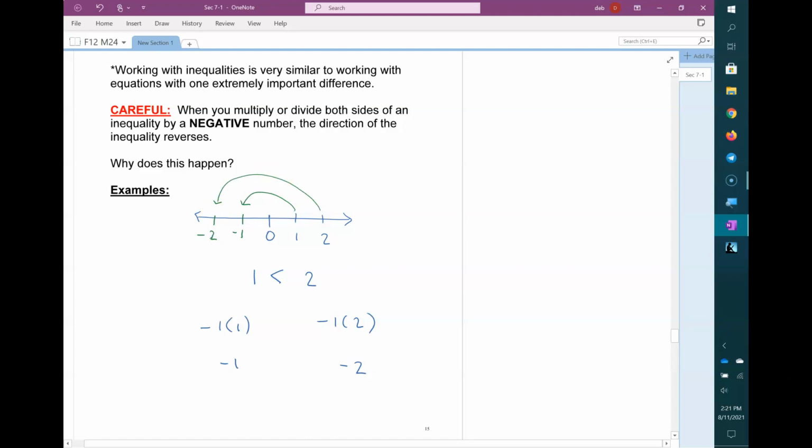Well, when we talk about which number is greater to the left of 0, it's the one closer to 0. So negative 1 is bigger than negative 2 because it's to the right on the number line. So we can see that the effect of multiplying both sides by a negative number was for the two numbers to reverse their relationship to each other.